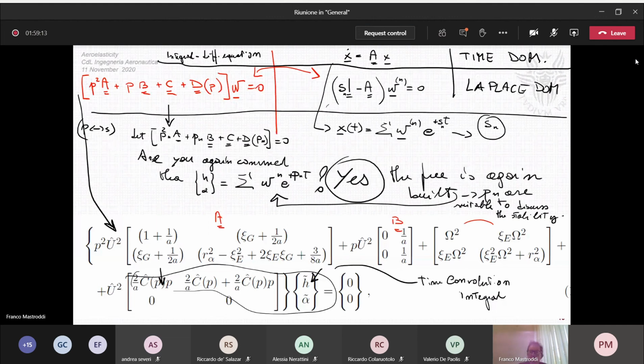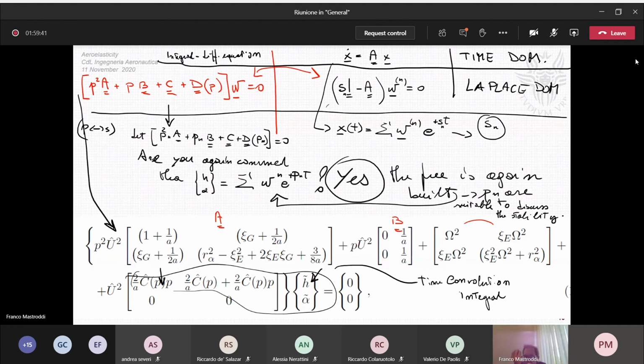And what about the difference between the standard situation of a dynamical system and the aeroelastic situation? Yes, we have a more complicated problem for the eigenvalues, but you have a generalized eigenproblem. Call the problem how you want to call it.